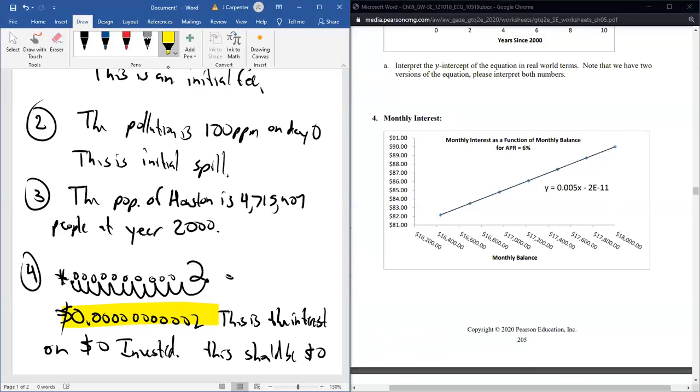That's like billionths of a cent. No one's going to give you that. It doesn't exist. It's just 0. That's a situation where we have just a ridiculously small number. You just go ahead and call it 0 for the real world context, which makes sense because if you have $0 in a savings account, nobody's going to give you $0.0000002. They're going to give you nothing.